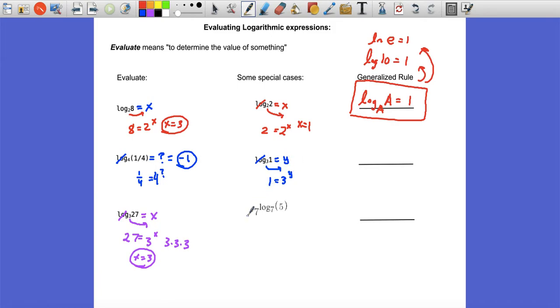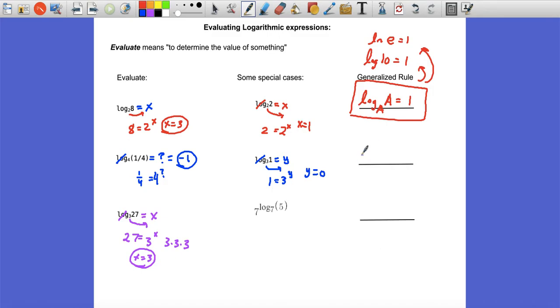So 3 to what power equals 1? Well, it can't be 3 to the first, that'd be 3. 3 to the second, we're going the wrong direction, that'd be 9. So remember, 3 to the 0, any number to the 0 power is equal to 1. So that would mean that this would be equal to 0.